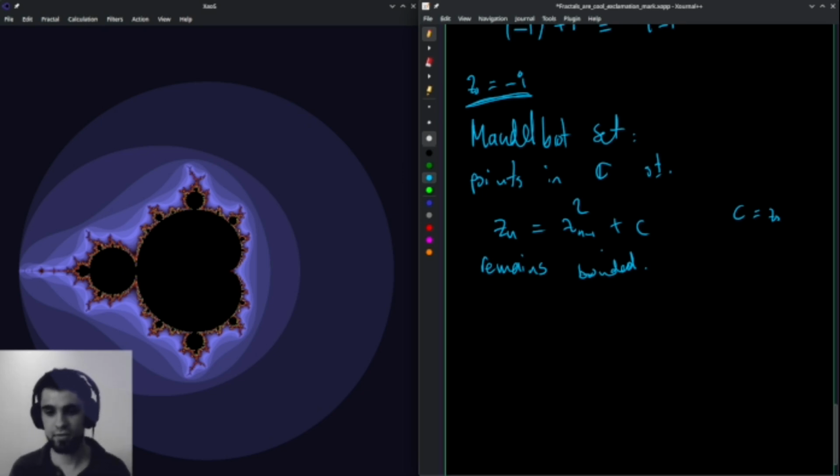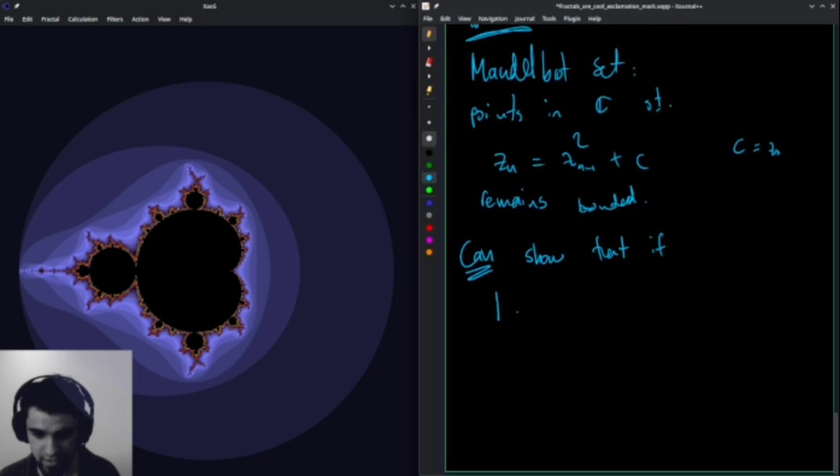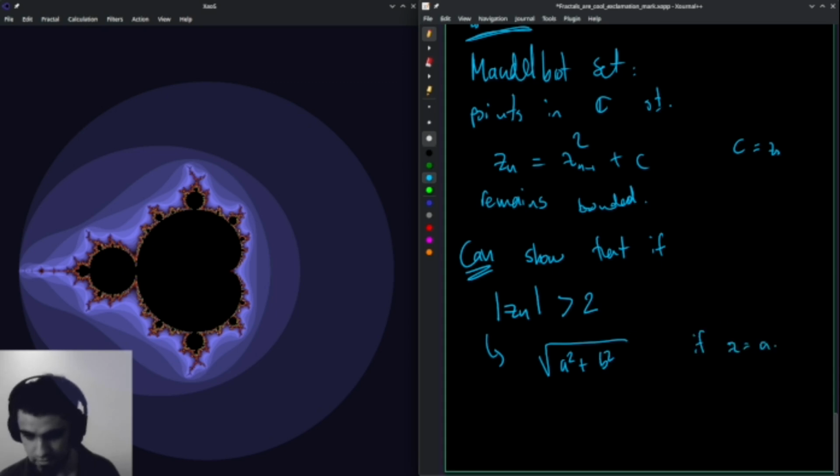And one thing you can show, which we will not show today, is that if the absolute value of z_n is strictly bigger than 2, this absolute value is defined as the square root of a squared plus b squared if z is equal to a plus bi.